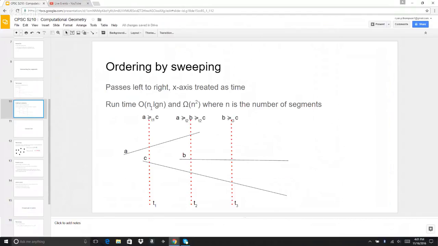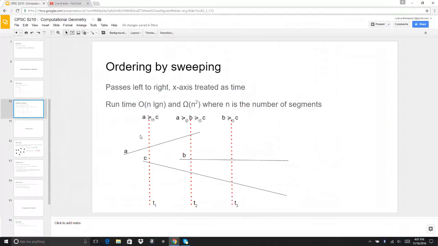So n is the number of line segments, and the lowest runtime is n squared, where n is the number of segments. Here we would have 3 segments, so 3 log base 2 of 3 is our uppercase, and our lowercase is 3 squared, or 9.